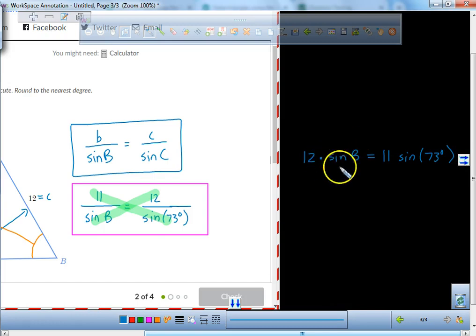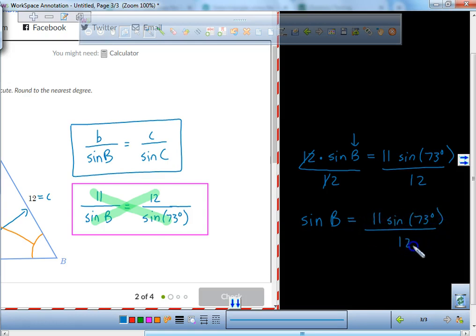Now, ultimately, I'm trying to find the measure of this angle. But before I do that, I've got to divide both sides by this 12. So these 12s will cancel out, and I'm left with the sine of capital B equals 11 times sine of 73 degrees over 12.